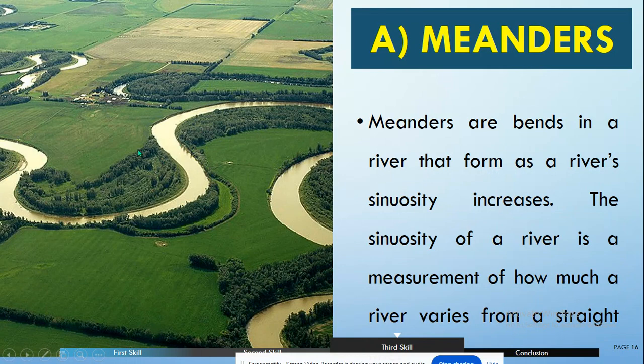Due to the nature of soil, rocks, and structure, a river diverts, crossing over a given part of land, and this is called a river meander. When you see it, it forms nice scenery, but it's called a meander.